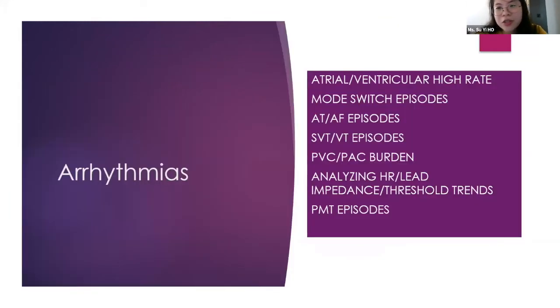After doing all the routine checks and measurements, it's important to also look through and verify whether there are any clinical episodes recorded in the device. These are some of the common ones listed: AT/AF episodes, mode switch episodes, whether there are any PMT episodes or any high ventricular rate or atrial rate to suggest arrhythmia such as atrial flutter, frequent PACs or AF.